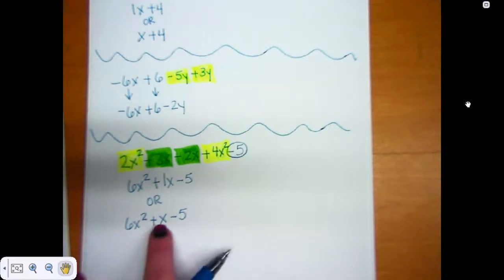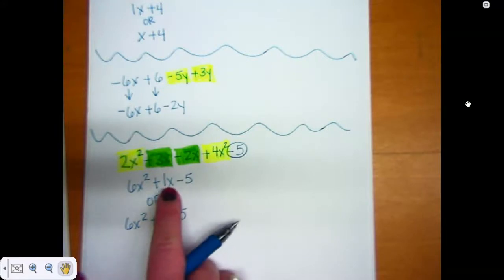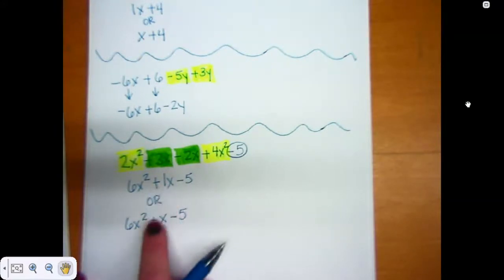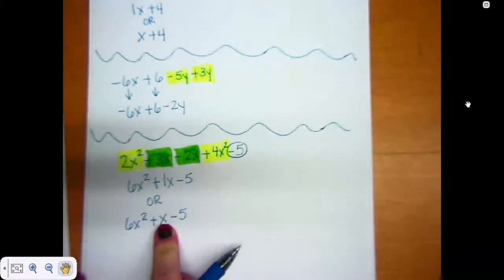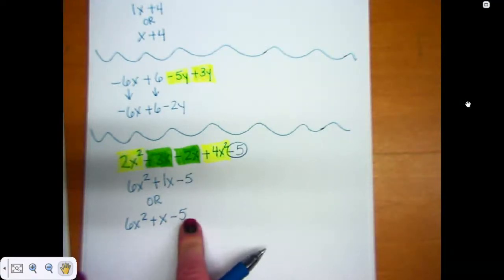Because if x were 5, 1 times 5 is 5, and if x were 5, it's still going to be 5 down here. We don't know what x is because we haven't solved, because it has no equal sign, so it is not an equation.